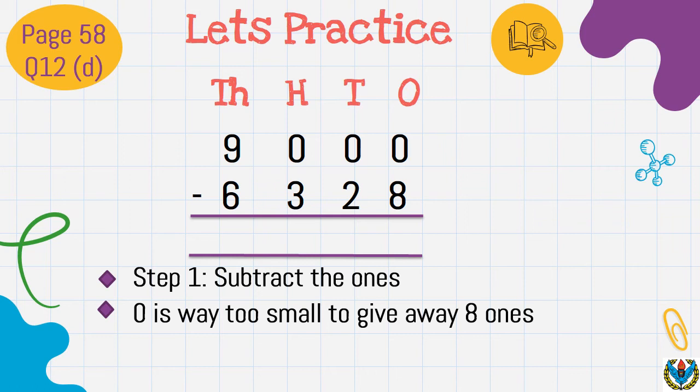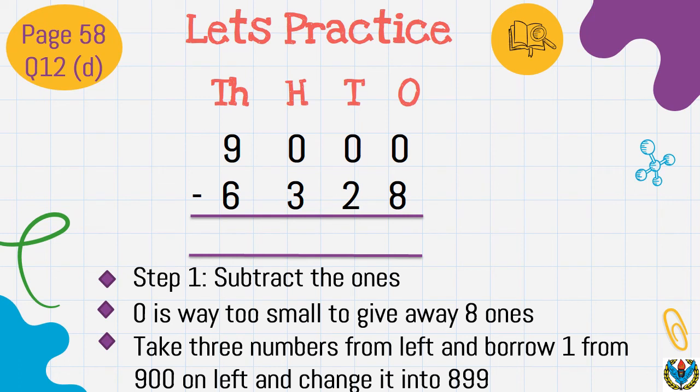But in this specific example, you cannot borrow from the tens column and you cannot borrow from the hundreds column as well. So we take 3 numbers from the left and borrow one from 900s. It changes into 899. As you can see, 0 ones in the ones column becomes 10 ones.